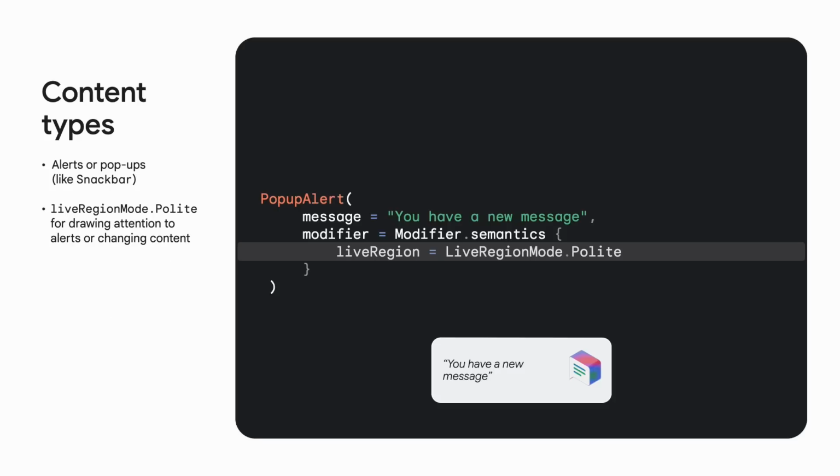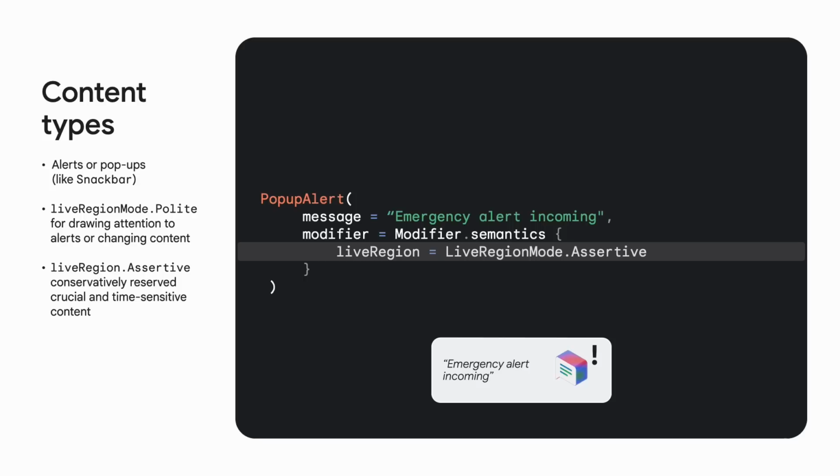Polite mode should be used in most cases where users' attention should be drawn to alerts or important changing content on screen. Assertive mode should only be used sparingly to avoid disruptive feedback and should be reserved for when it's crucial that users are aware of time-sensitive content.